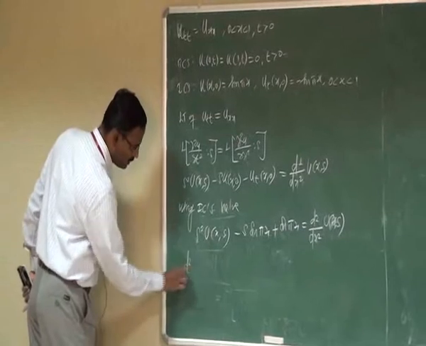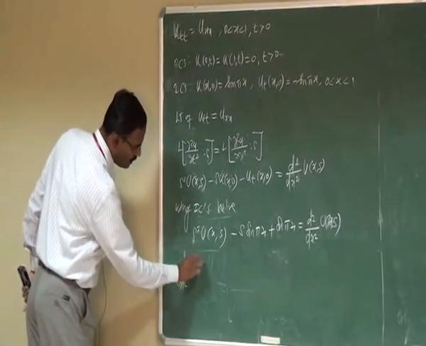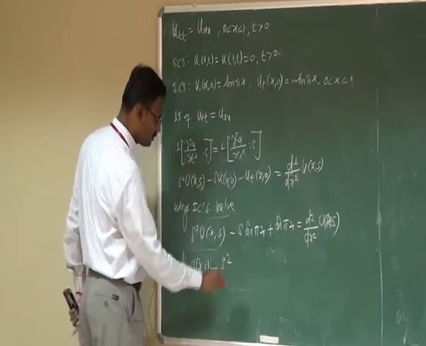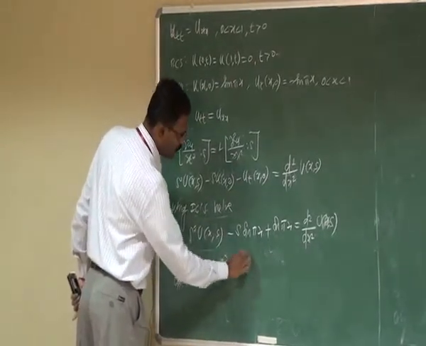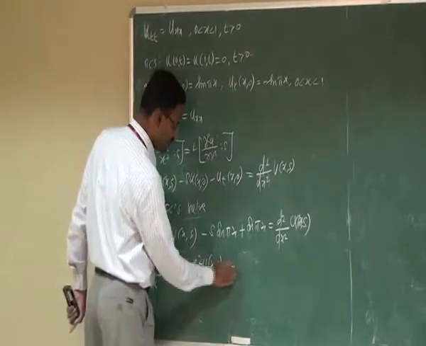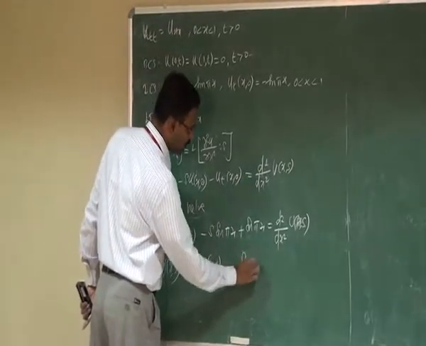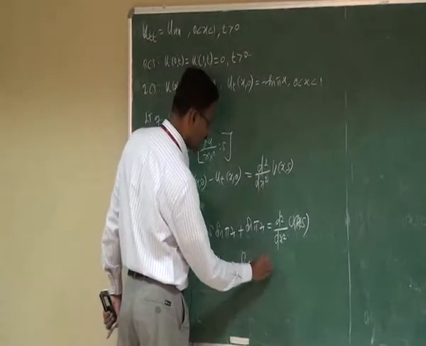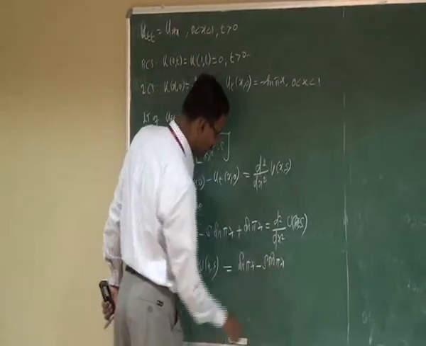So d square by dx square of u of x comma s minus s square into u of x comma s is equal to sin pi x minus s into sin pi x.